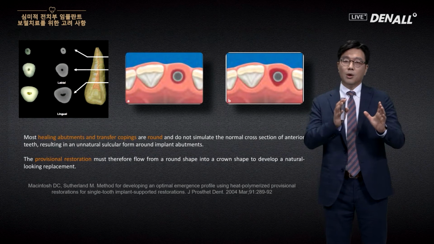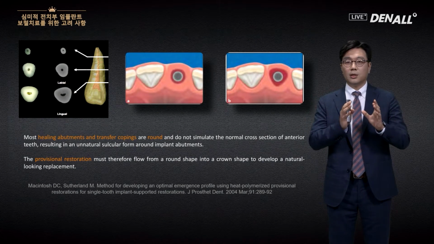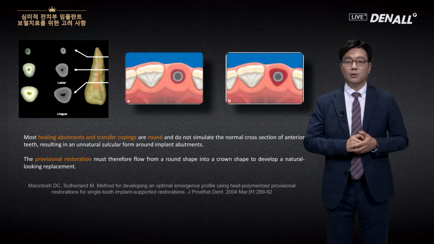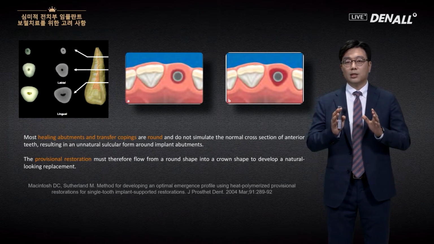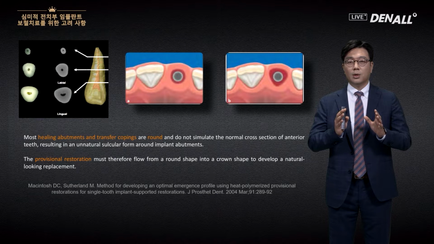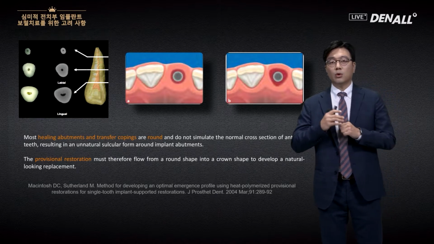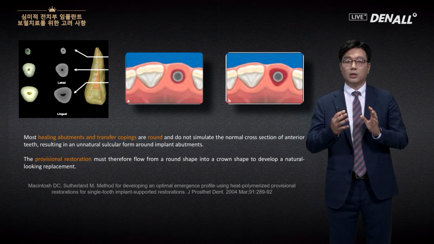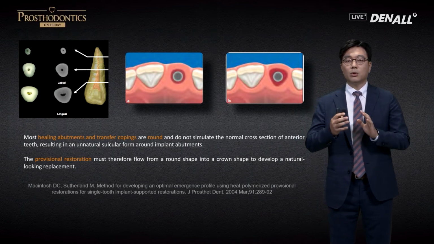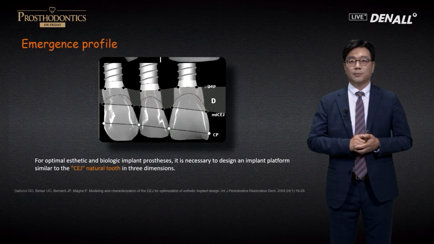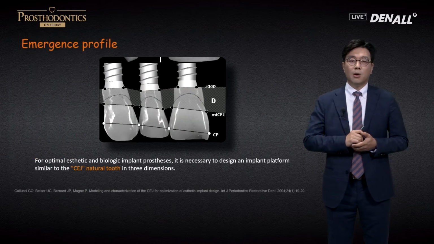For example, the healing abutment, when we take the impression, it's formed round, but there is no round shape in the natural tooth. We need to pay attention to that. We make efforts to do surgery properly, but if it is not good enough, we need to use the prosthesis to compensate for that. We can push the soft tissue to mold it.